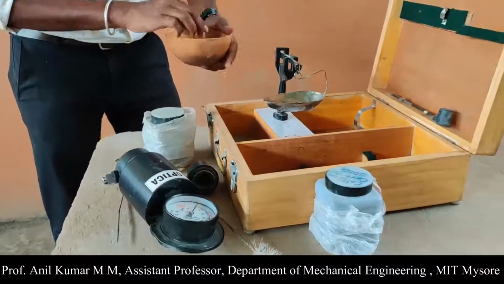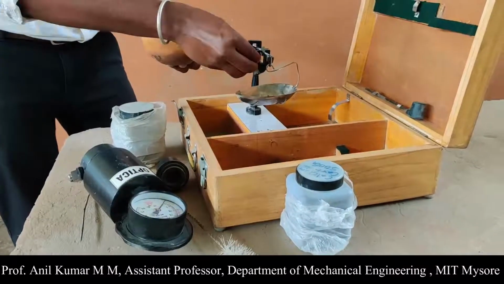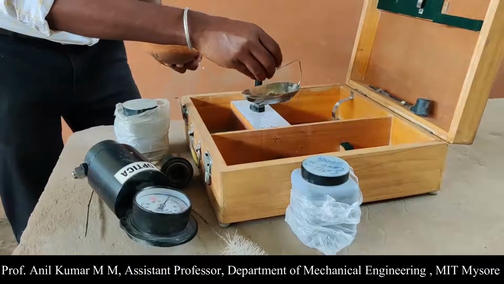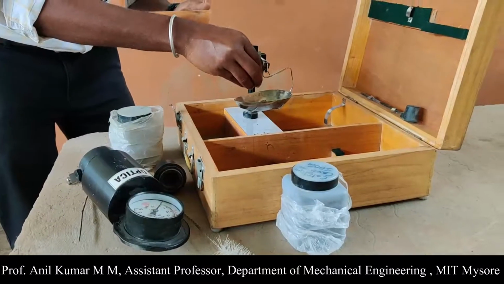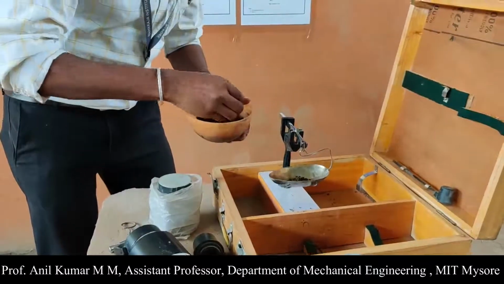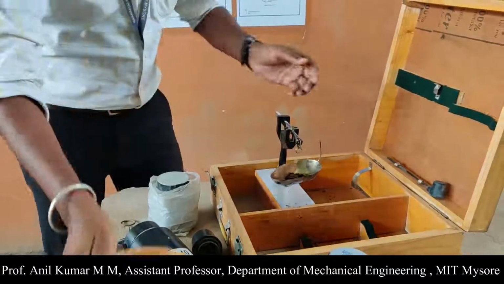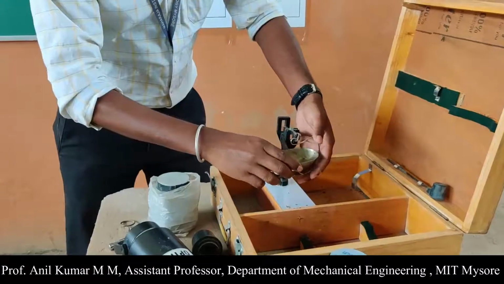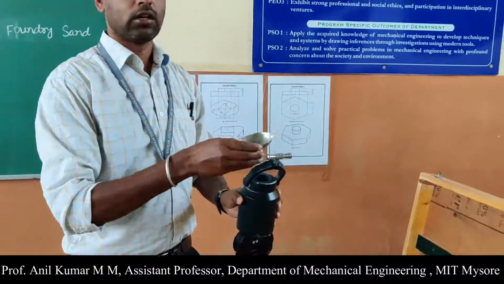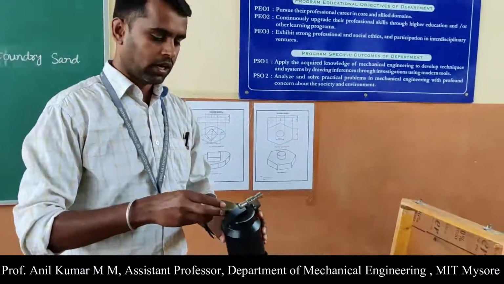Just look, the dead weight is balancing. Once it is balanced, that amount of sand is transferred into the container of the tester. Now I am transferring the wet sand into the container.